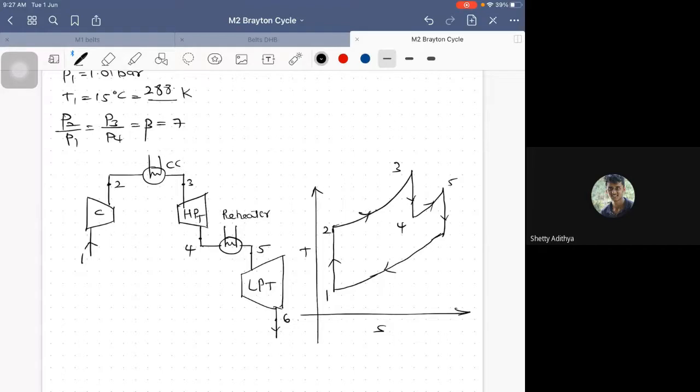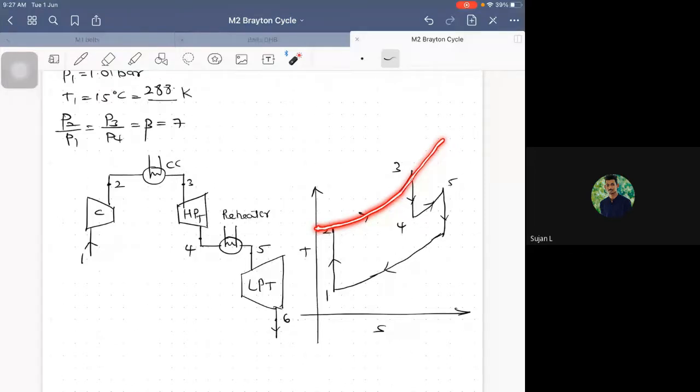Understood? If you have observed carefully, there are three isobaric processes. The first isobaric process happens at one particular pressure. The second one is this isobaric process, isobaric in the sense it will be a curve in a TS diagram.